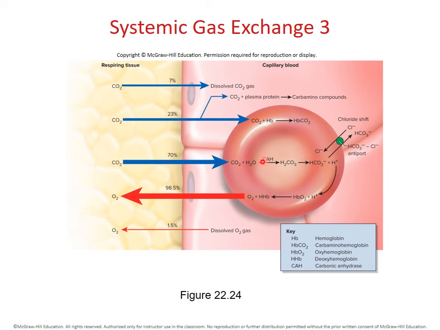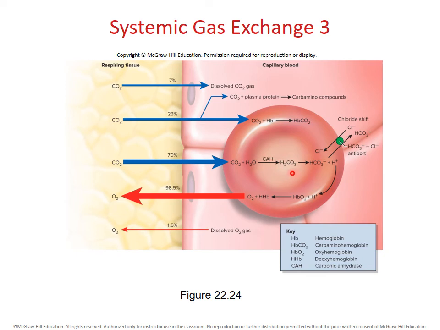And again, it's carbonic anhydrase, the enzyme carbonic anhydrase, that's required for this reaction to proceed effectively. All right, now again, these percentages reflect how much of the diffusing carbon dioxide goes through these channels. Once we get out here, if you were to look at the sum total of all the carbon dioxide that's being carried in the blood, it's 5%, 5%, and 95%.